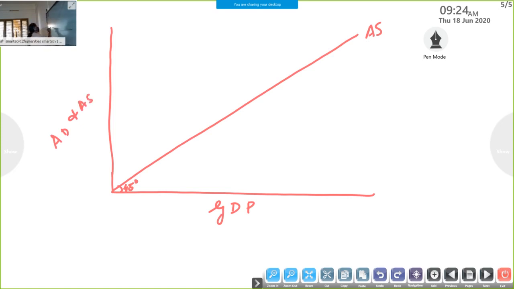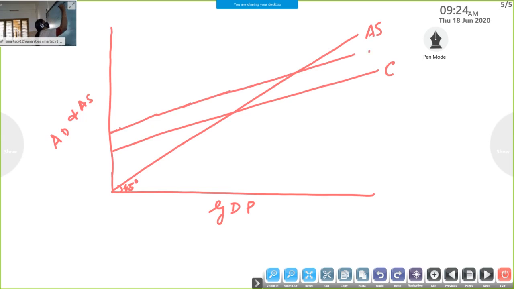Then if you need, you can give the consumption curve also. Parallel to the consumption curve we get the AD curve. AS is equal to C plus S, AD is equal to C plus I. This is our equilibrium point. At this point the economy is in equilibrium.